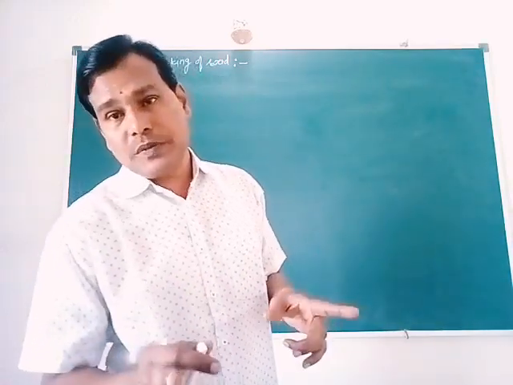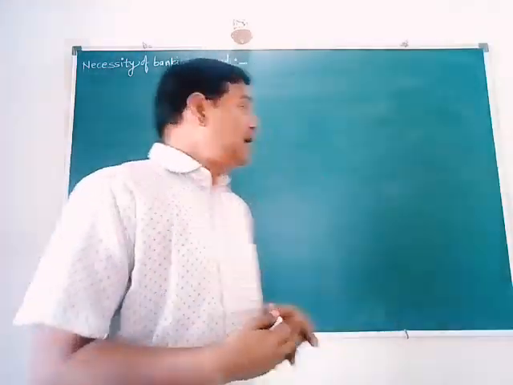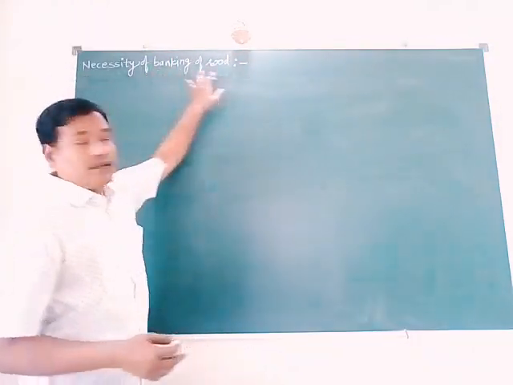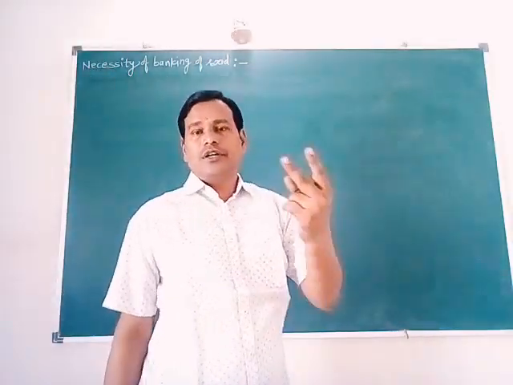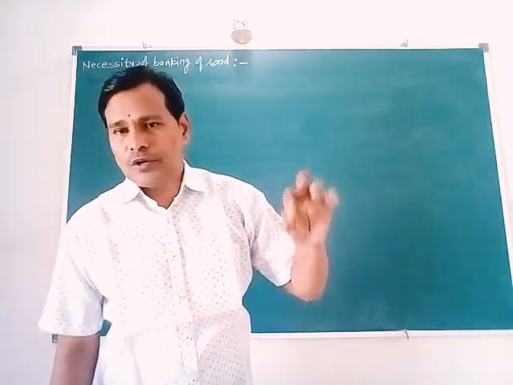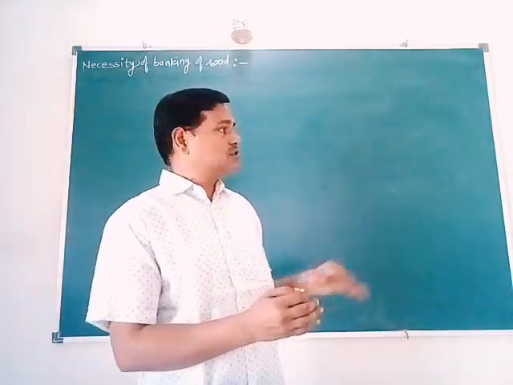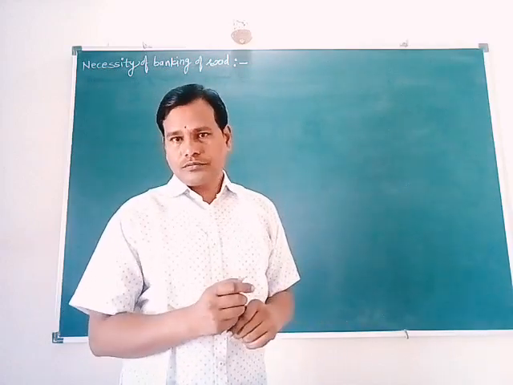So there must be some arrangement made on the surface of the road, and that arrangement is called banking of road. So what is the necessity of banking of road? There are two to three points. The force of friction provides the necessary centripetal force in the case of a horizontal surface, which is small.